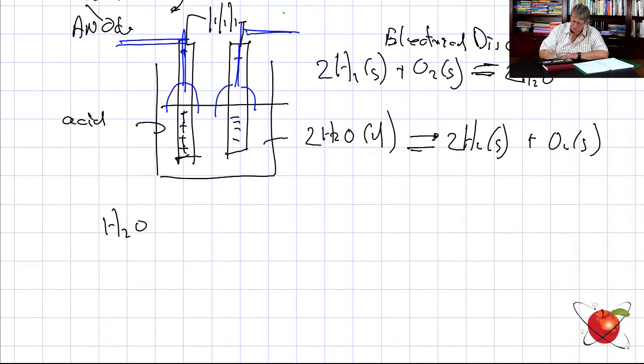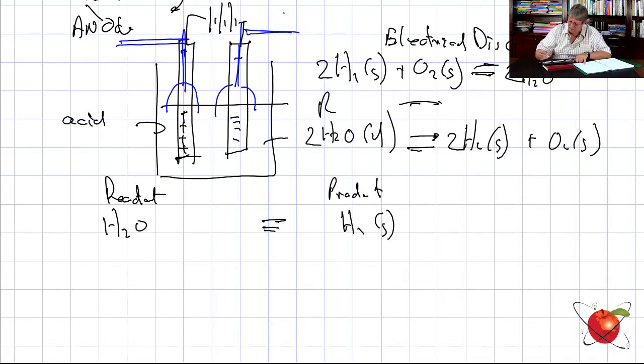We're asking water to turn into, let's take the top one, hydrogen gas. This is what we've got. This is our reactant. This is our product. Remember? This is our reactant. These are our products over here. So we need a balanced equation that looks like that. So we're asking water to turn to hydrogen. Okay. How do we do that?